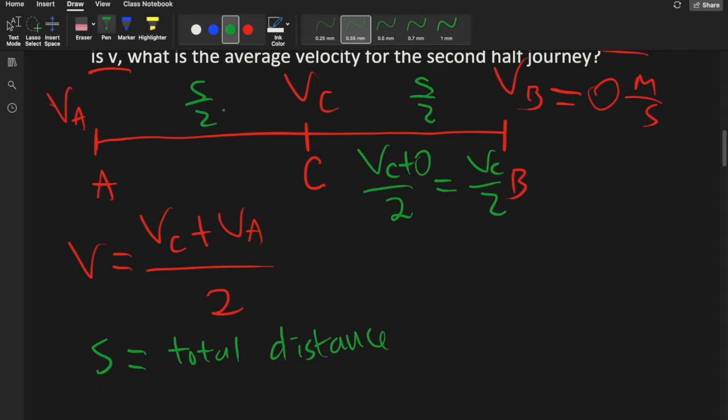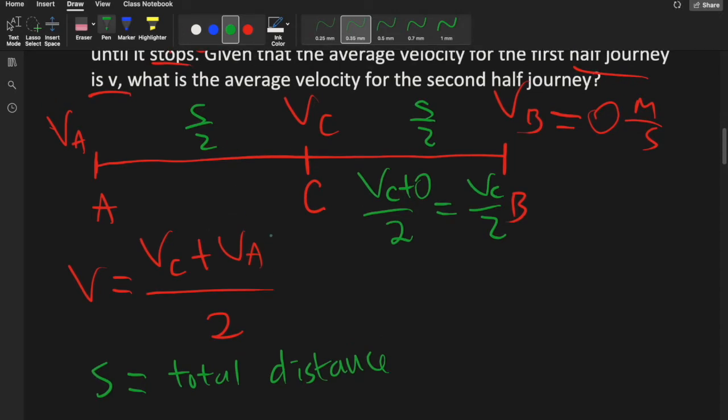What else do we know? Well, if we know the distance and the average velocity, then we can know the time, right? The time taken from A to C is TAC, and the time from C to B will be TCB.